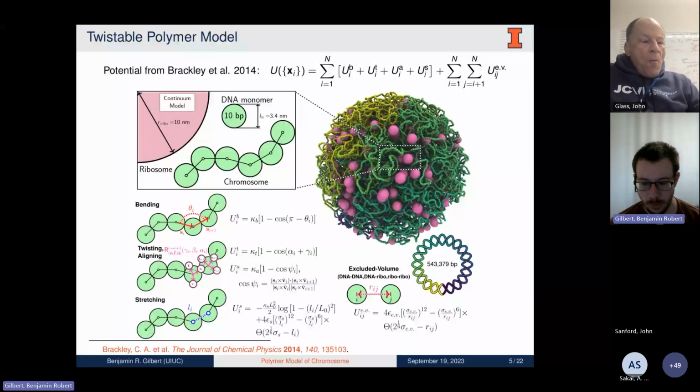In addition to all of this, there are excluded volume interactions between the DNA monomers themselves, and also between the DNA and the ribosomes, and ribosomes and ribosomes. Those prevent the strands from crossing and ensure that the actual topology of the chromosome is maintained when there aren't topoisomerases present or other proteins that will modify the topology.